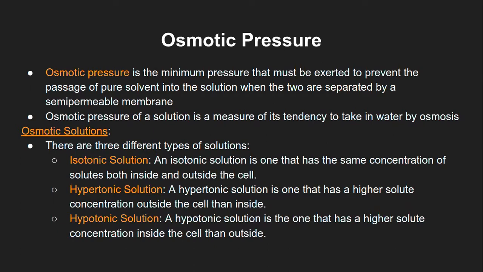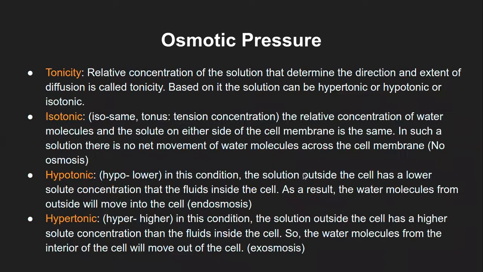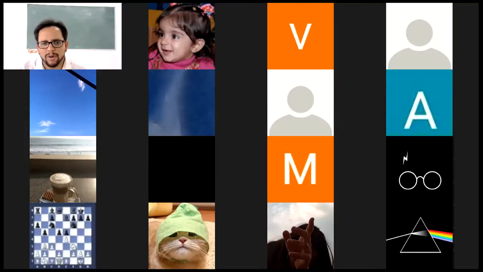These osmotic solutions are of different types: isotonic, hypertonic, and hypotonic. I will skip this part, I will go to the board and explain the same thing, including this one also on the board, because that will make it more clear.